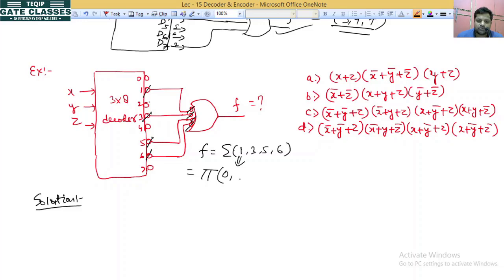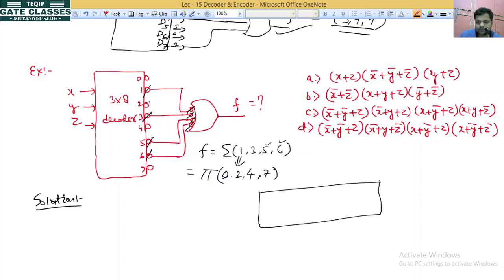It will be 0, 2, 4 and 7, since 1, 3, 5, 6 are present. Now we got the function as product of maxterm. So we will simplify it by using a K-map.